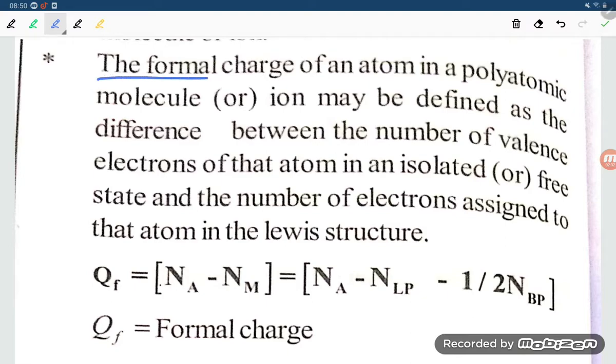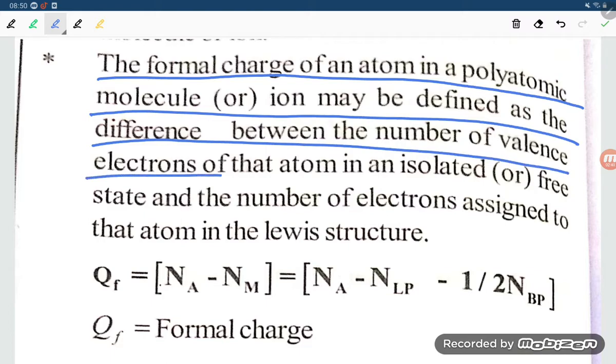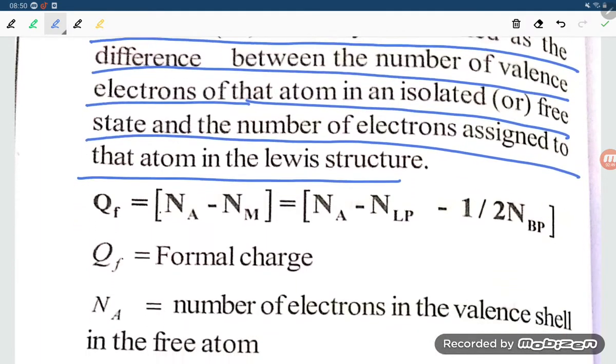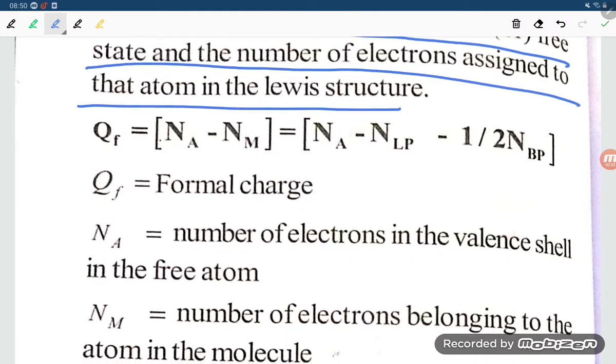The formal charge of an atom in a polyatomic molecule or ion may be defined as the difference between the number of valence electrons of that atom in an isolated free state and the number of electrons assigned to that atom in a Lewis structure. So here they are saying that is formal charge. QF, Q means charge, F means formal.